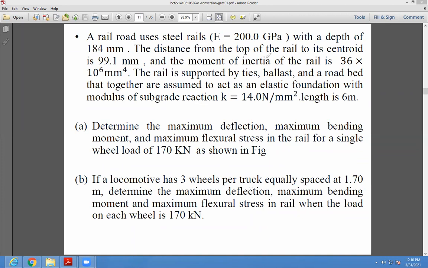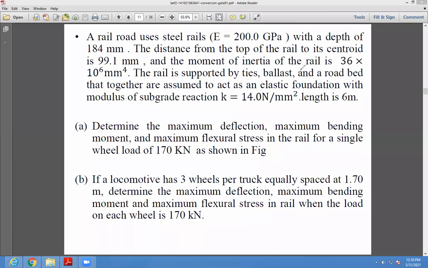The distance from top of rail to its centroid is 99.1 mm.